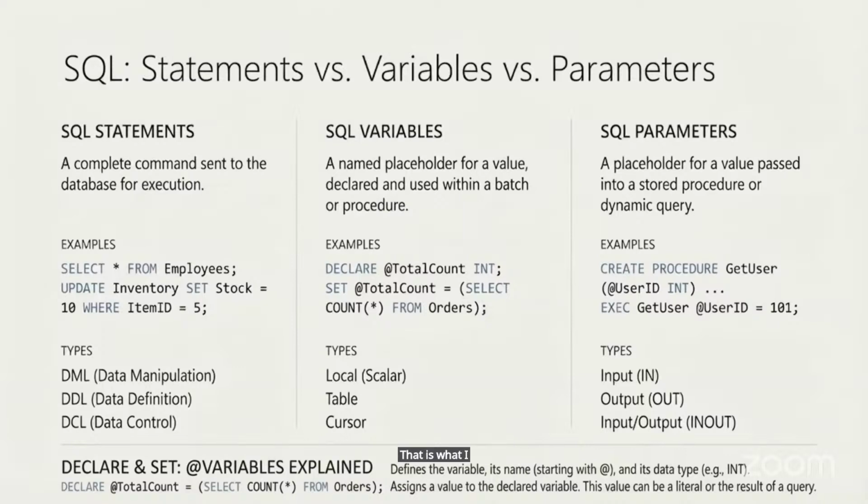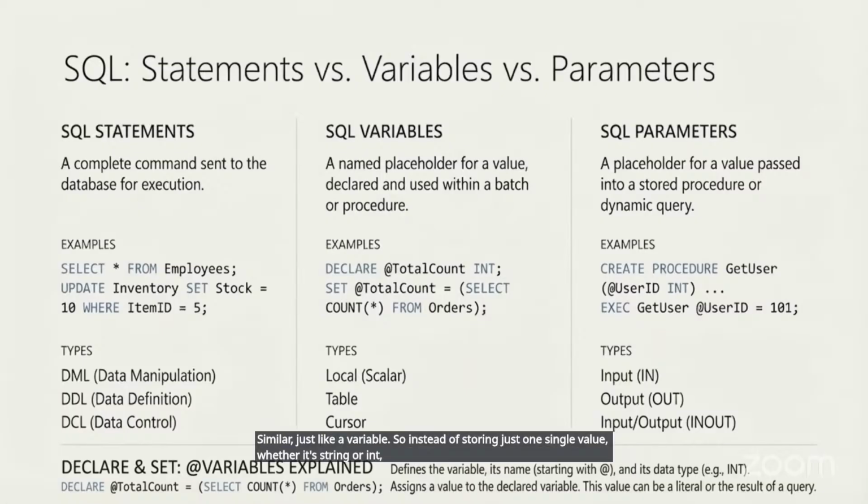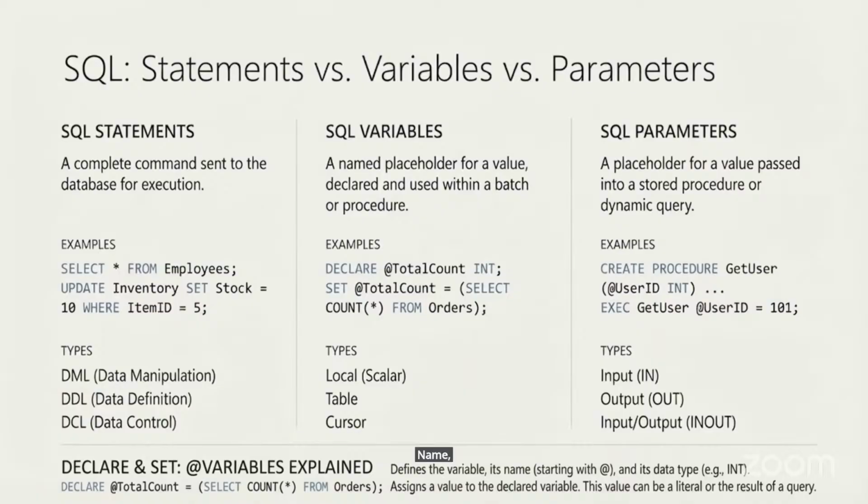That is what I mentioned earlier on, that a table variable could be initiated using this @, just like a variable. So instead of storing just one single value, whether it's string or int, you could also store a table. And then later on, you will just reuse this @ variable as a table. So you can select from it or query or join with it.